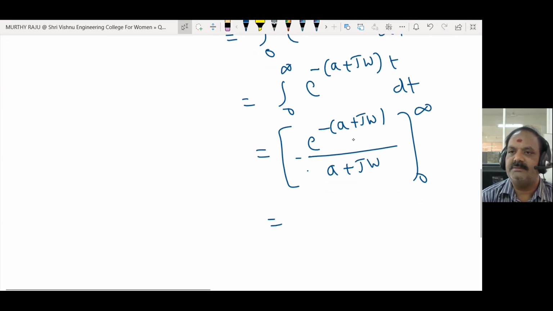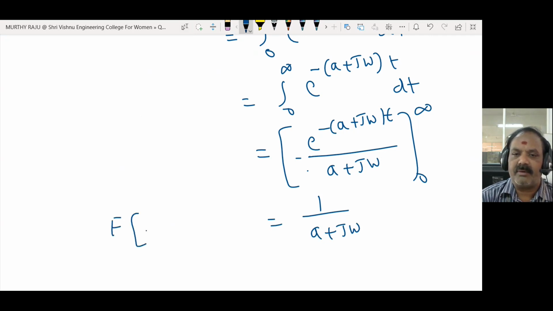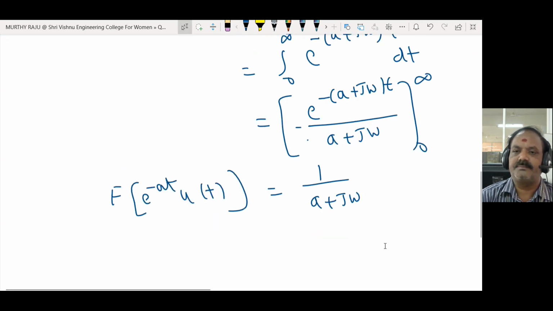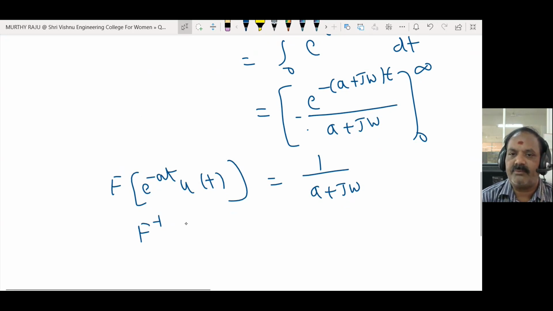For infinity, this value is 0, minus of minus, plus for the lower limit. Substitute 0 in place of t, that is 1. And finally, 1 by a plus j omega. Fourier transform of e power minus at u of t is 1 by a plus j omega, therefore inverse Fourier transform of 1 by a plus j omega is e power minus at u of t.